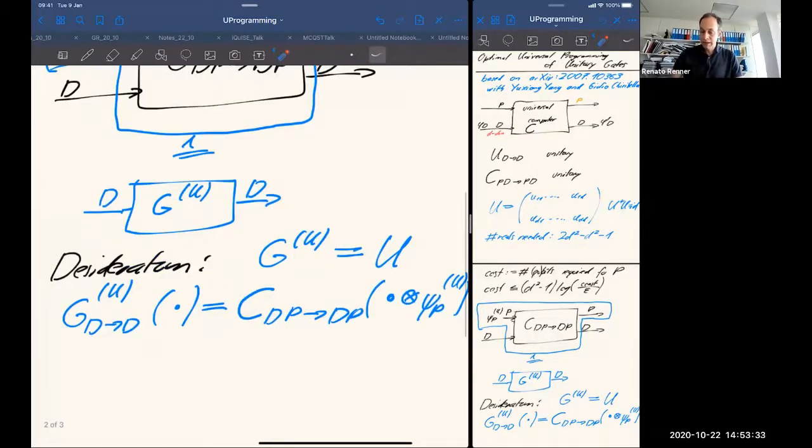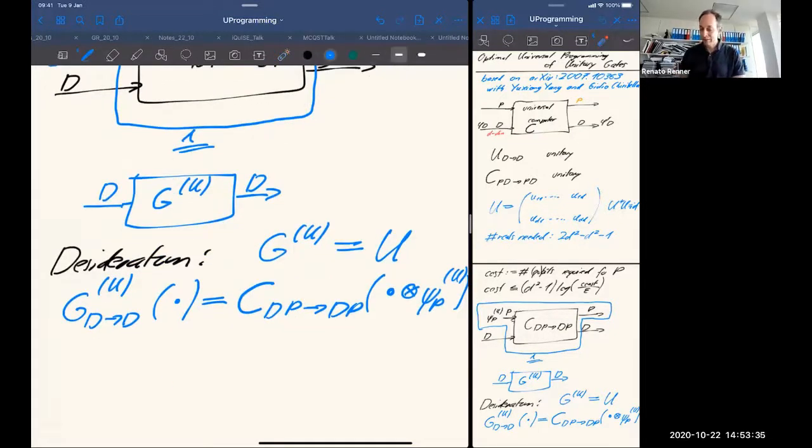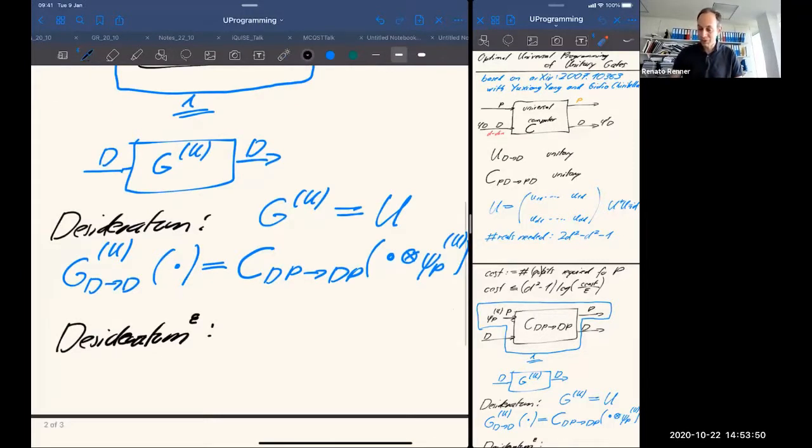So this universal processor is executed, and what it realizes on the data is what I call G. And now I can also make the requirement a bit more fine-grained. Before I just said that it should be equal to U, and now call it desideratum epsilon, a slightly weaker version of that.